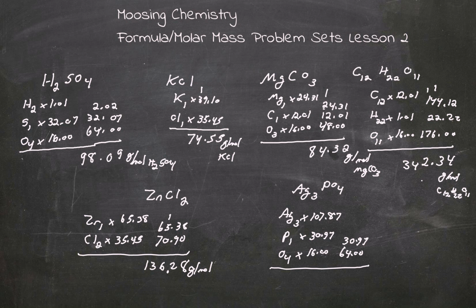So 107.87 times 3 gives me 323.61. Add that to 30.97, plus 64. According to my calculator, this is going to give me 418.58 grams per mole of Ag3PO4.